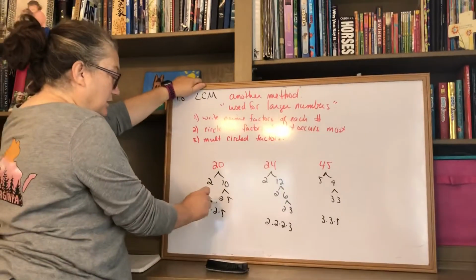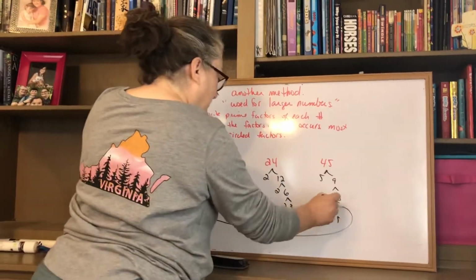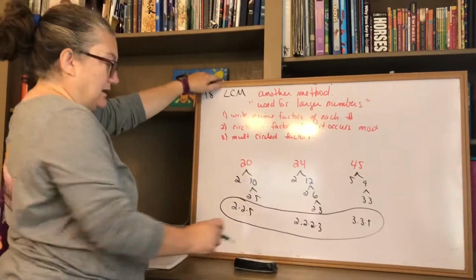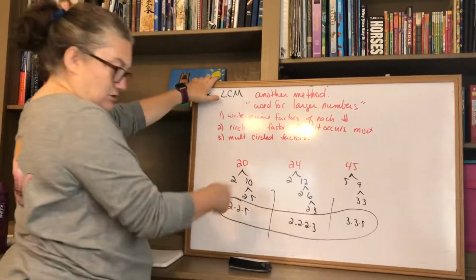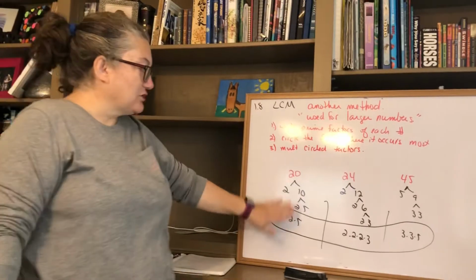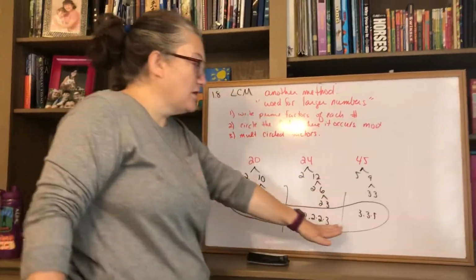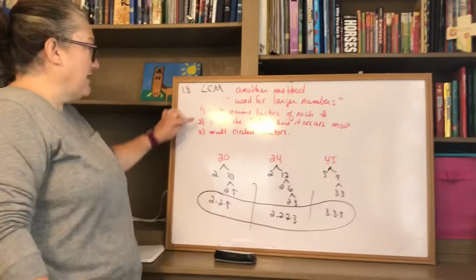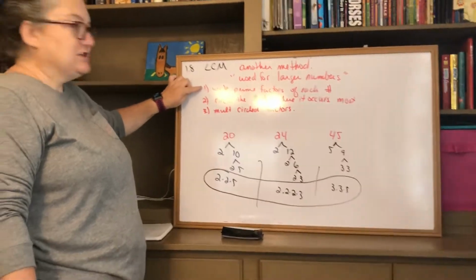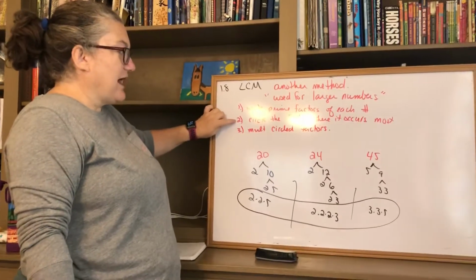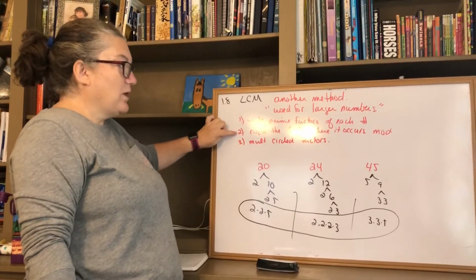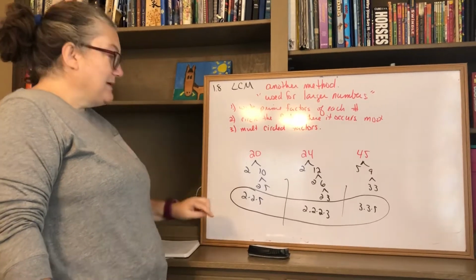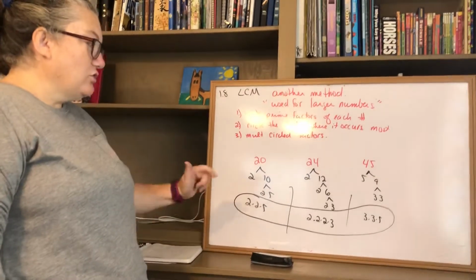Now we're only going to look at these numbers right here. They're broken up into three pieces. This is the prime factors for 20, this is the prime factors for 24, and this is the prime factors for 45. Now we're going to look at the factors and decide where each occurs the most. I have factors of 2, 3, and 5.